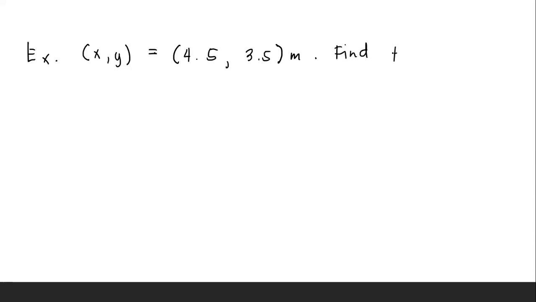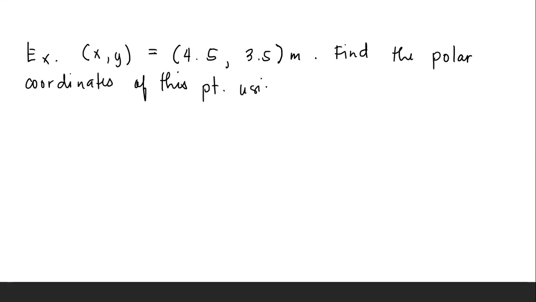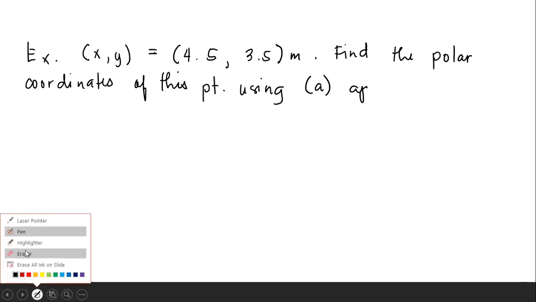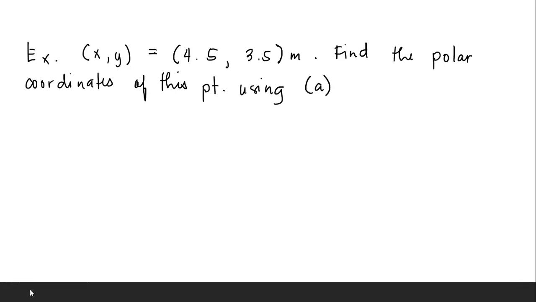Polar coordinates are composed of r and theta. Find the polar coordinates of this point using letter A, the graphical method.